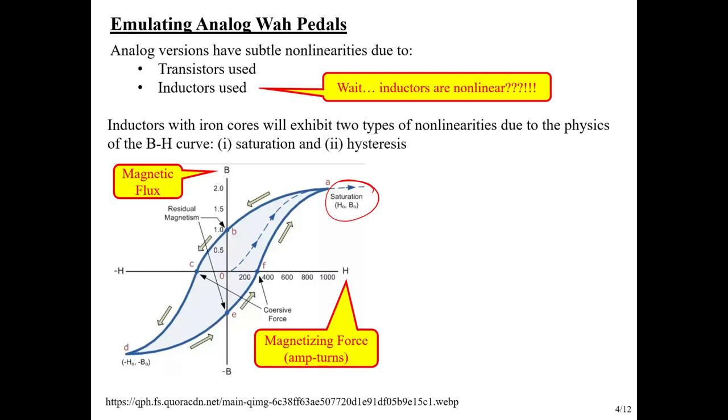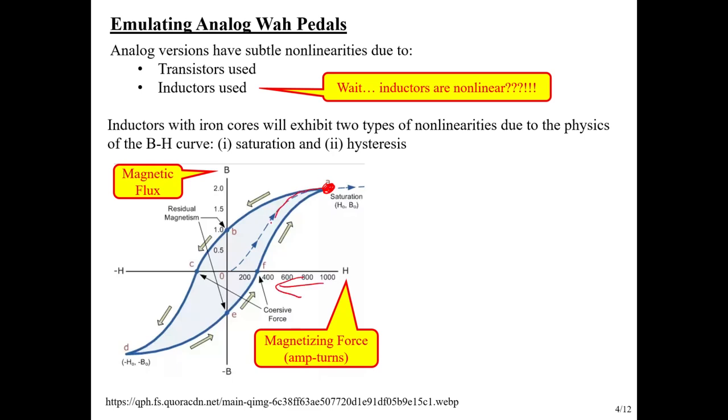So we get to a certain point and it saturates. Any additional current will not give us any more magnetic flux. And again, that's just due to the physics and maybe some of the imperfections in the iron and so forth. To be honest, I don't remember enough of my physics to say exactly why that happens, but I do know that happens. So you get some saturation. And then here's the curious thing. So you're up here, let's say we got up to this point, and now we're going to reduce our current.